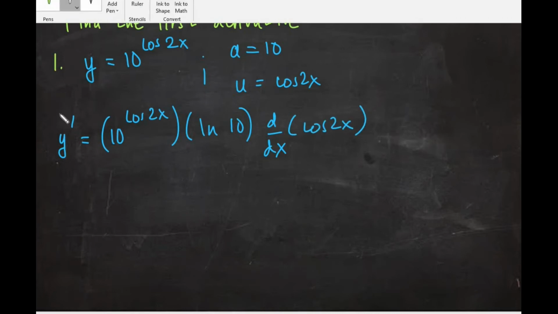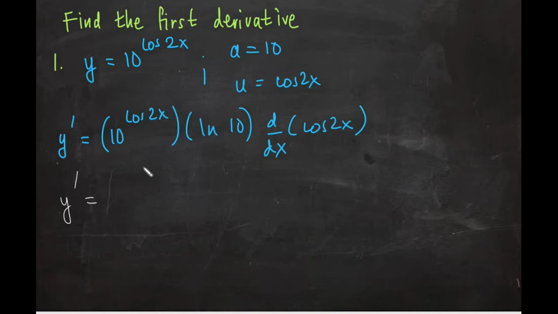So let's continue. y prime would now be equal to 10 raised to cosine 2x times ln 10 times the derivative of cosine 2x.